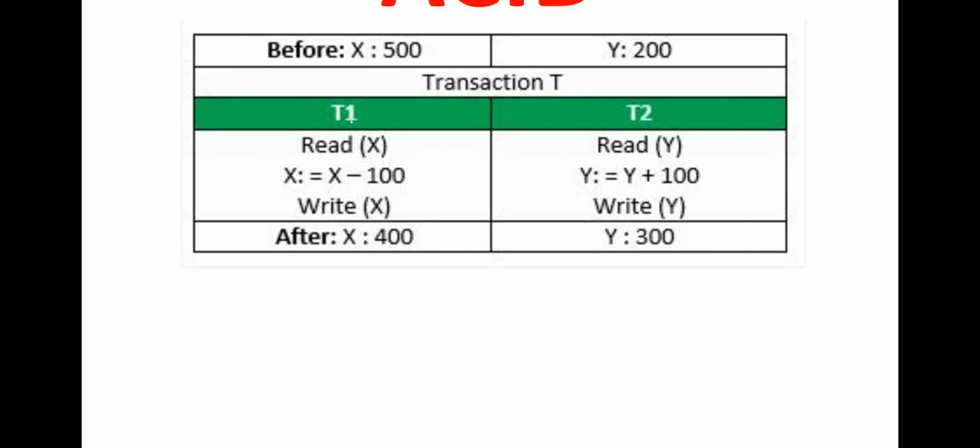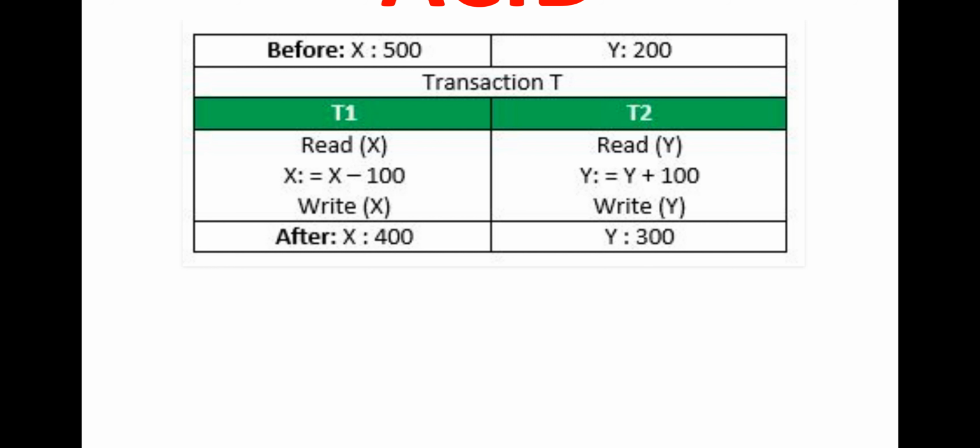On the account that is transferring money, we have a read operation and a write operation. The read operation reads the current amount in the sender's account. It checks whether the required amount that someone is trying to transfer is available in his account or not. This is called reading.